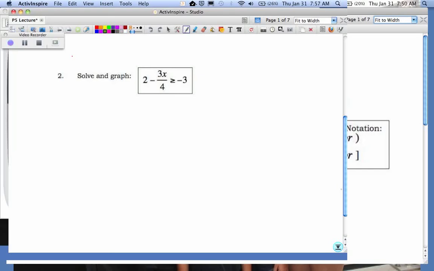This one, same thing, what would you do first? Subtract 2. Okay, let's subtract 2. As long as you follow your rules of algebra, we're going to be fine. At this point, there are a lot of different options, and you may handle it differently, so somebody give me something they do next. You can multiply by 4. That's fine. Like I said, a lot of different options.